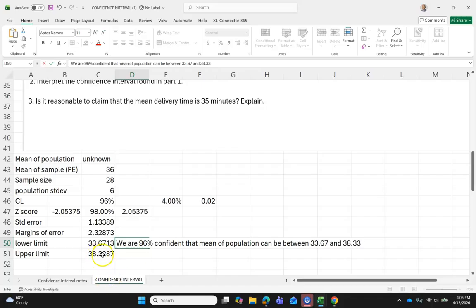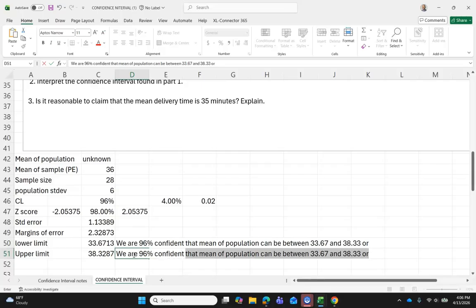So we take this one here, 38.33. So we can say we are 96% confident that the mean of the population can be between 33.67 and 38.33.